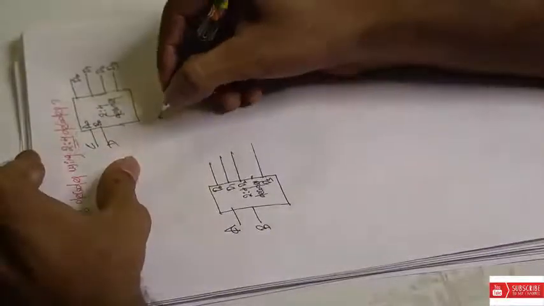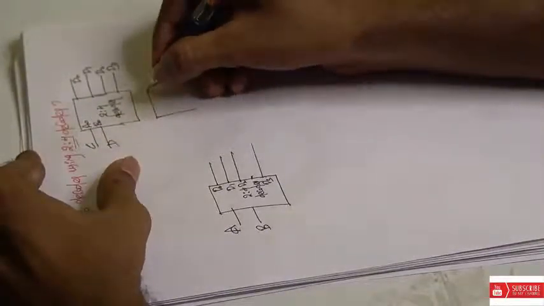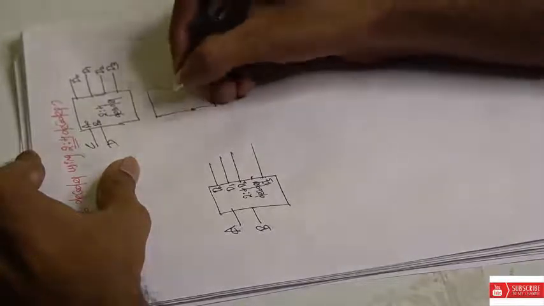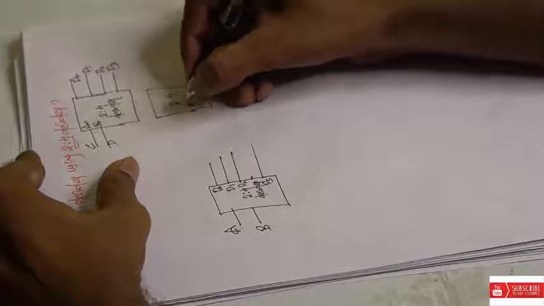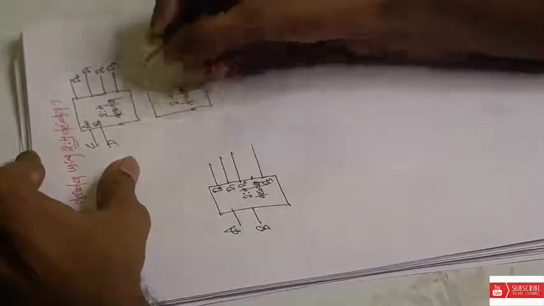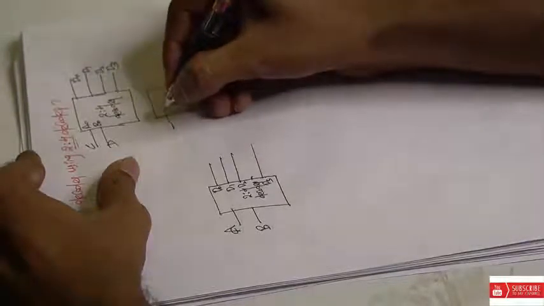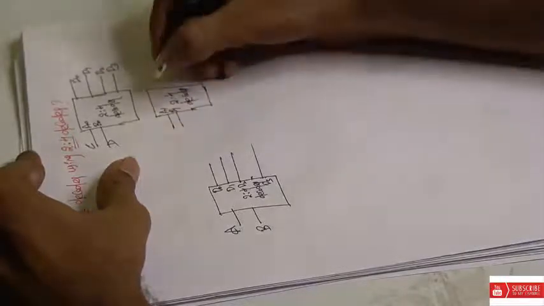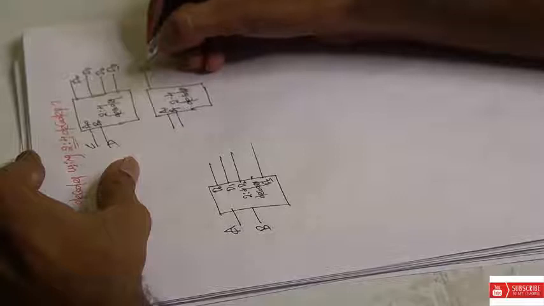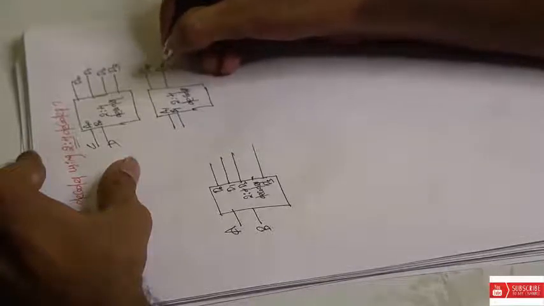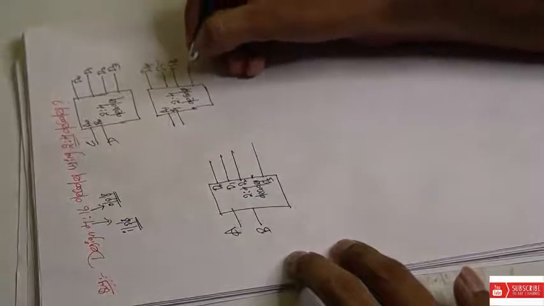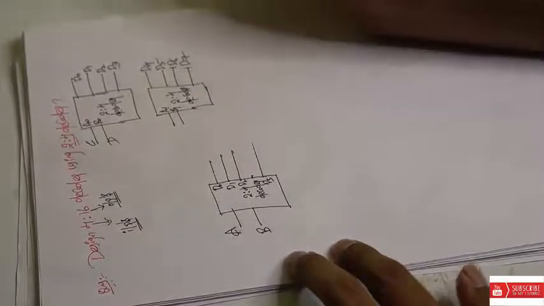And if you take another 2:4 decoder, its inputs will be A1 and B1, and outputs will be 4, right? D4, D5, D6 as well as D7.